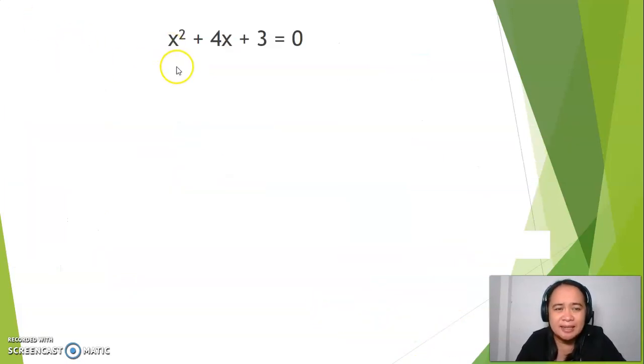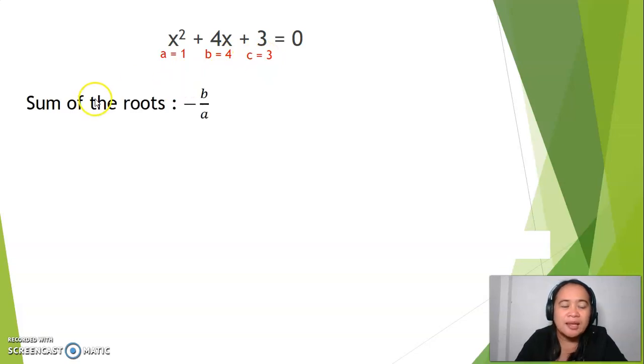In this case, find the sum and product of the roots. Here, the value for a is 1, the value for b is 4, and the value for c is positive 3. Now take note, the sum of the roots is defined as negative b over a. So let's substitute. So this will become negative 4 over 1, or it's simply negative 4.